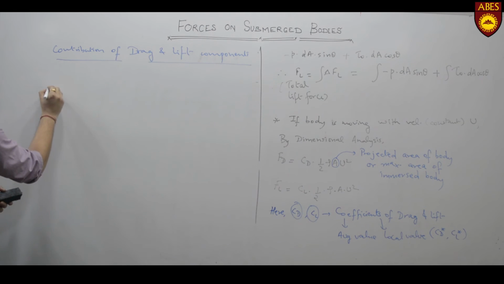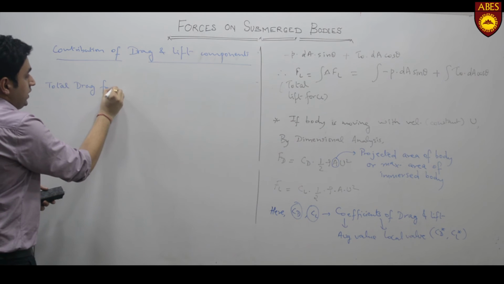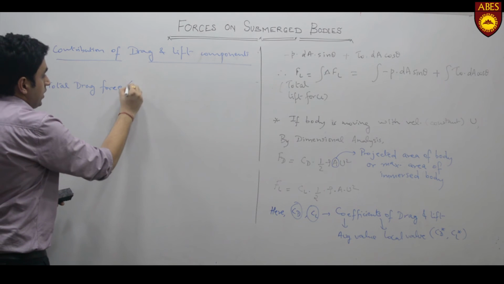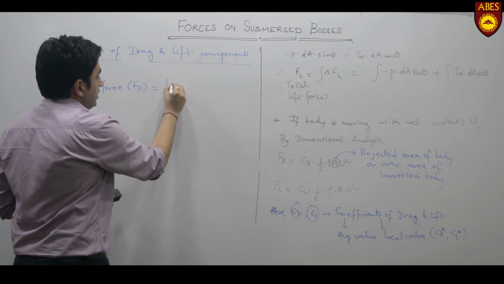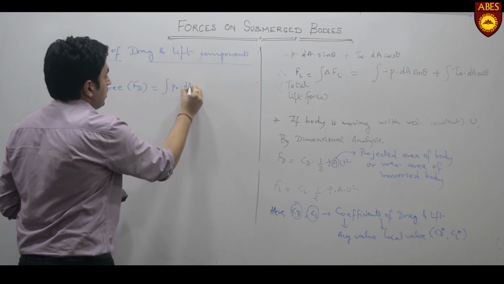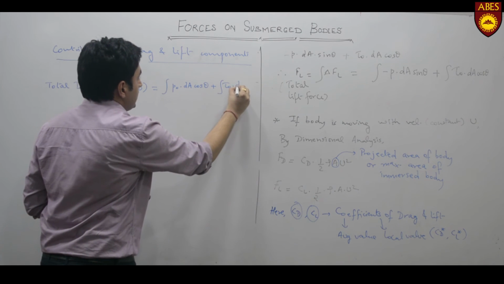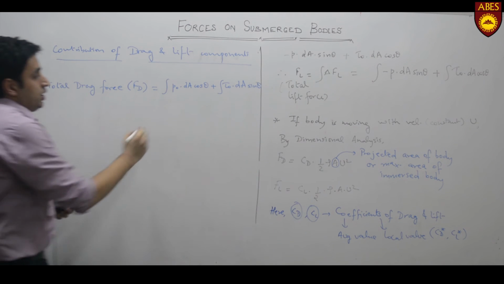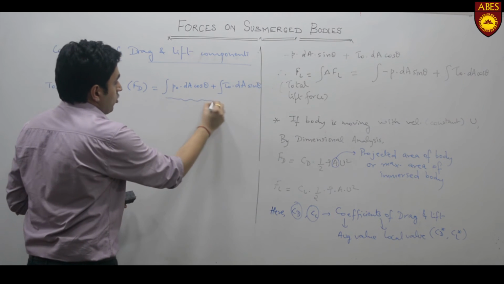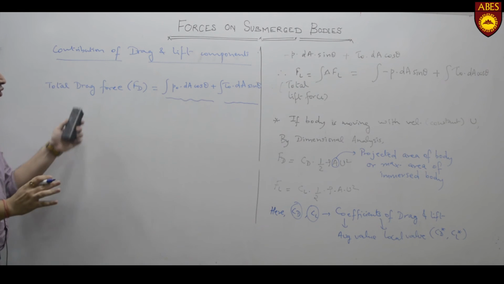When we talk about the pressure for total drag force, as we derived earlier, total drag force Fd is equal to integration P naught dA cos theta plus integration tau naught dA sin theta. Now, when will this pressure component or shear component act on the total drag force?